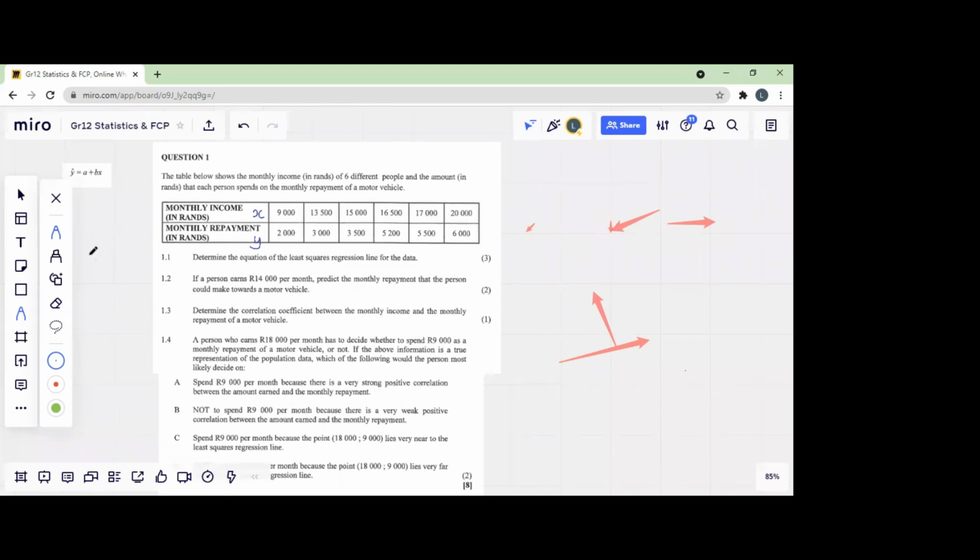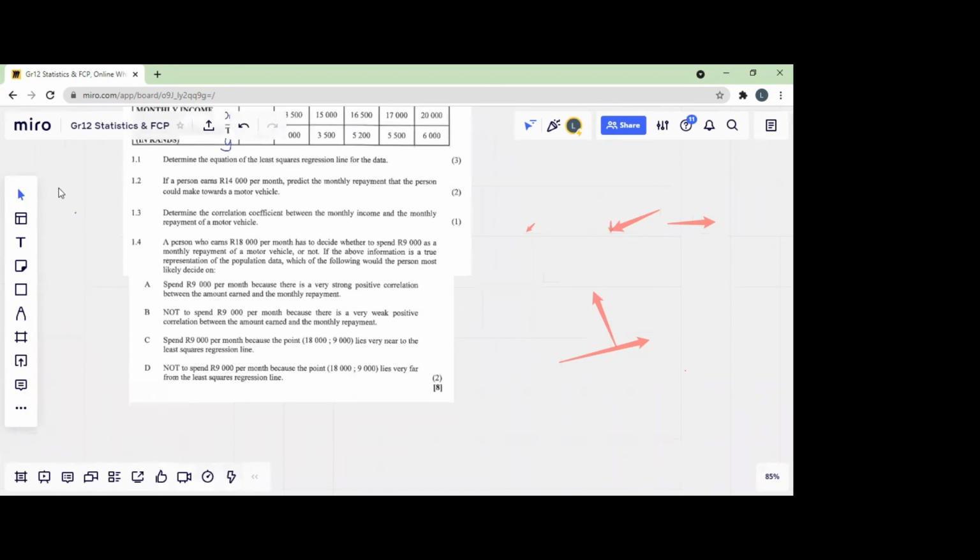Again, the correlation coefficient is the next question. And then they've asked another question where a person who earns 18,000 Rand per month has to decide whether or not they should spend this. In other words, they're asking a question based on all this.